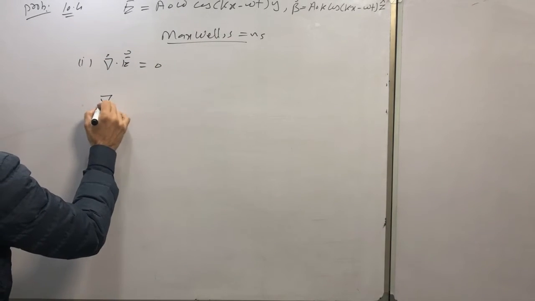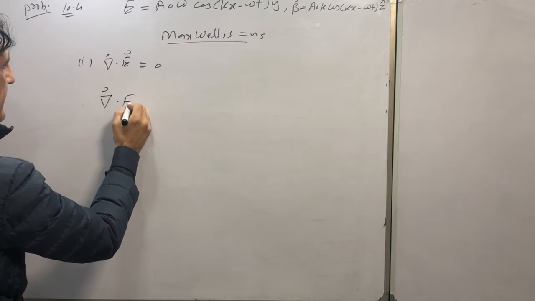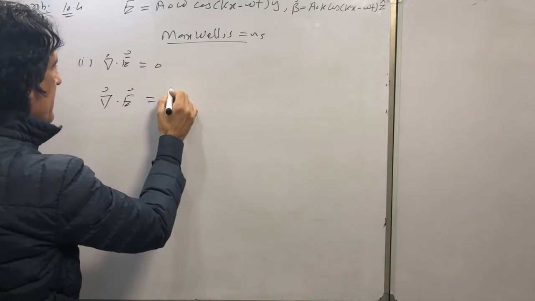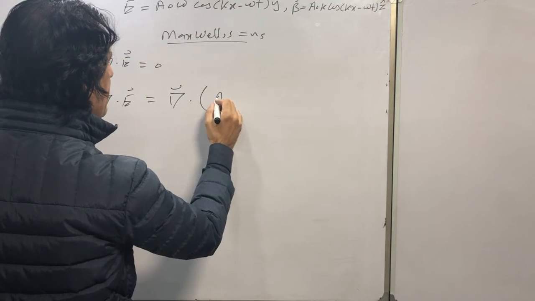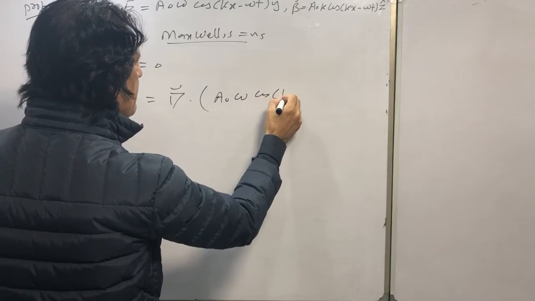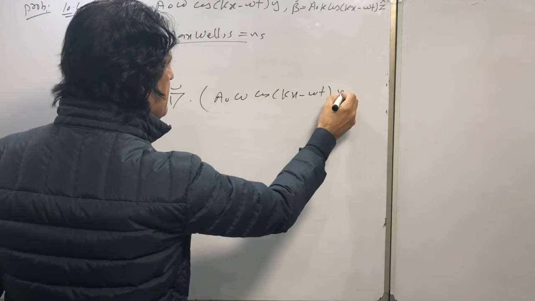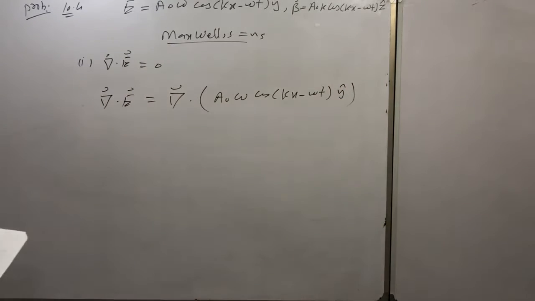Now the divergence of E is the divergence of the electric field A naught omega cosine of (kx minus omega t) in the y direction.